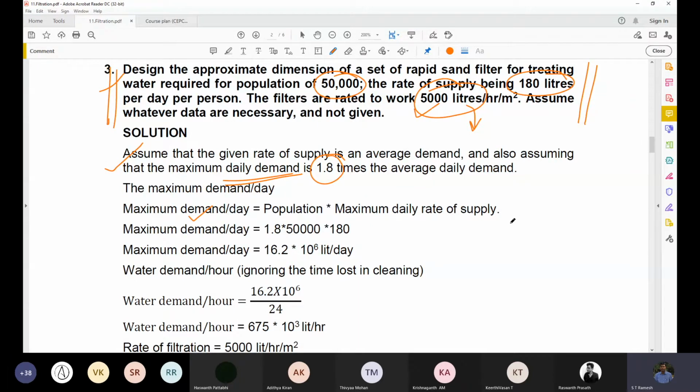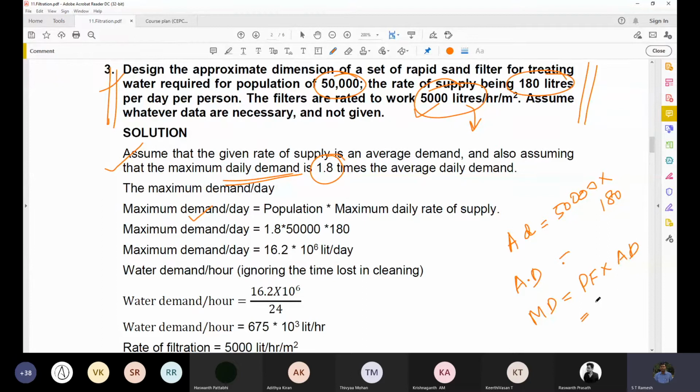What you do now is find out the average water demand, which is equal to 50,000 population multiplied by 180. Then you can also find the maximum demand, which is equal to peak factor into average demand.